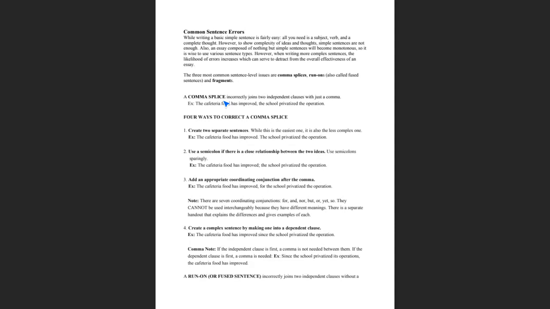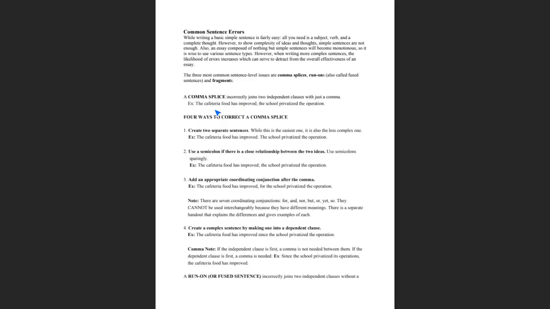An independent clause is a group of words that has both a subject and a verb, and can stand independently. In other words, it's a complete sentence. But sometimes as writers, we join two complete sentences or independent clauses with a comma, and that's incorrect. That is called a comma splice.